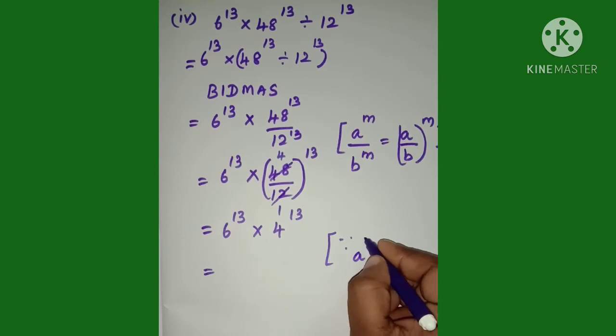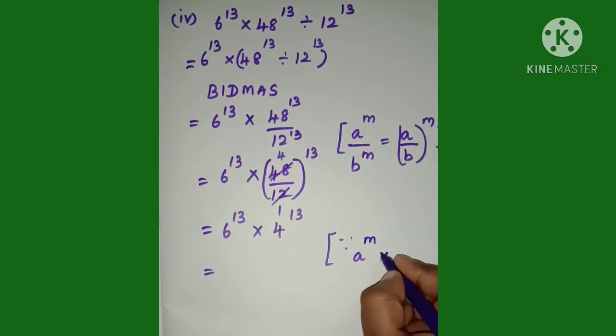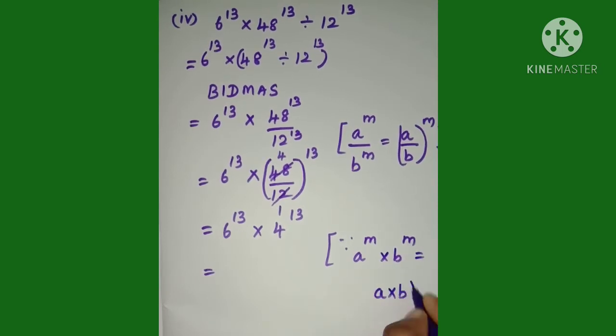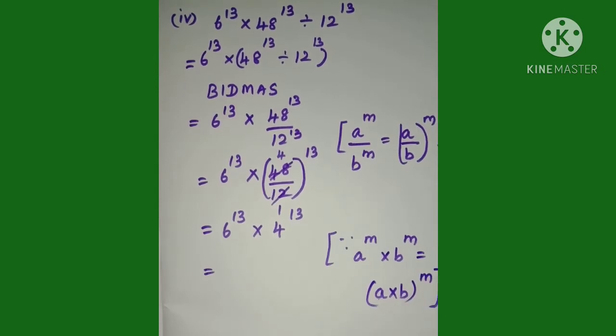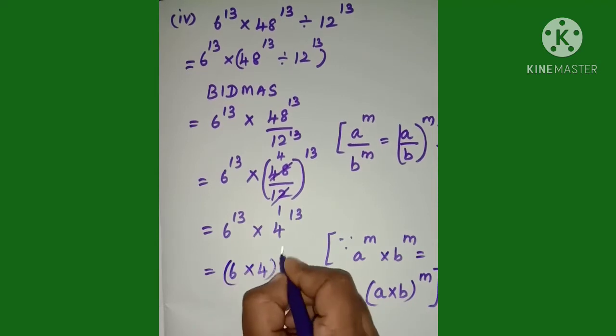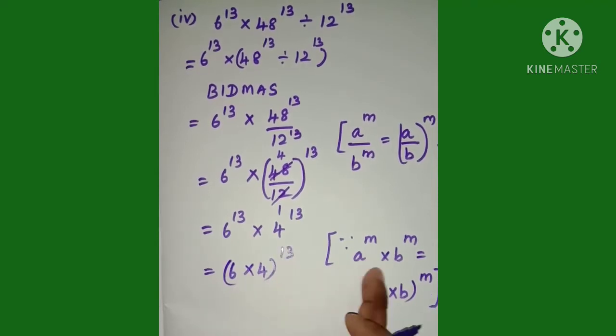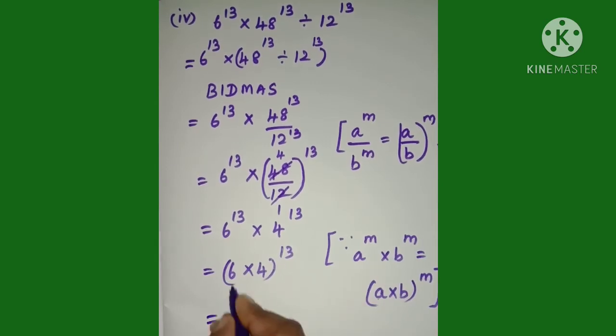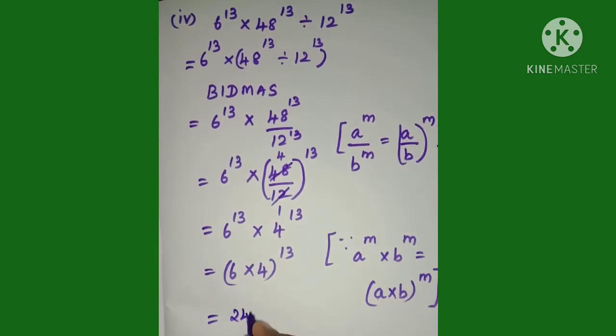That is a to the power m into b to the power m is equal to a into b, that is product of bases to the power, the exponent. So by using the power of a product rule we get 6 into 4 to the power 13. 6 into 4, 6 4s are 24, to the power 13.